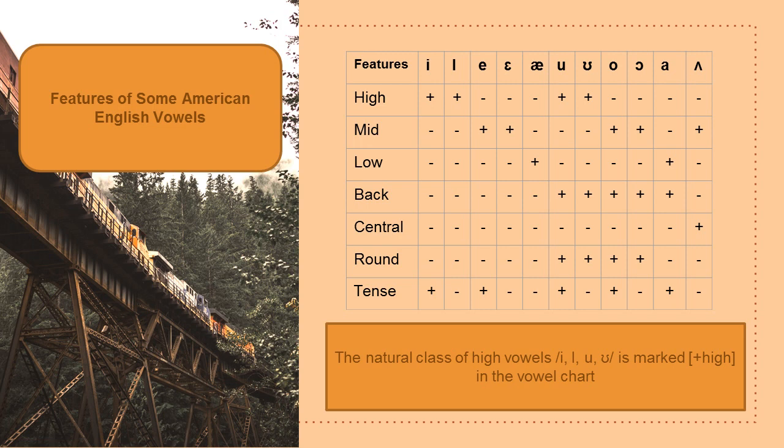For example, there are some features for vowels in English. You can identify natural classes. In this table, i and u are marked with plus. It means that they are the natural class of high vowels, and the minus means it doesn't occur there.